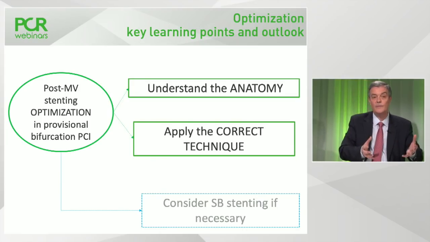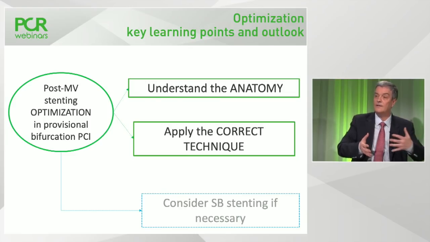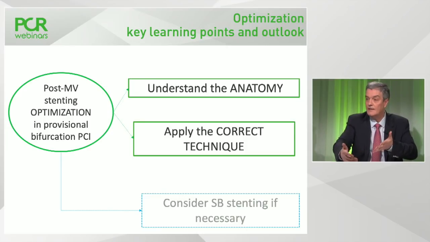So you optimize by performing proximal optimization, you evaluate the result. If you are not satisfied, or if you think that the side branch is big and you need better optimization proximally plus central position of the carina, you proceed to the next step, which is kissing.